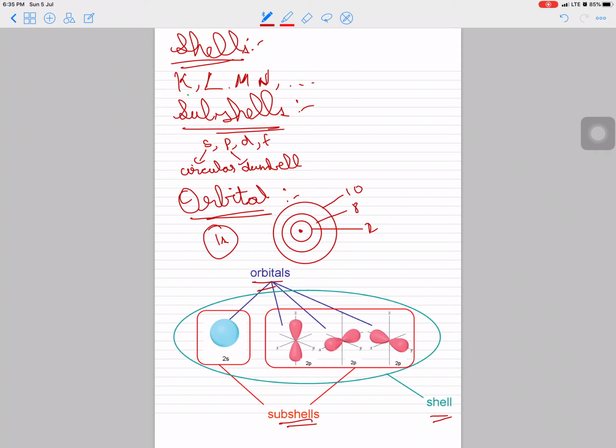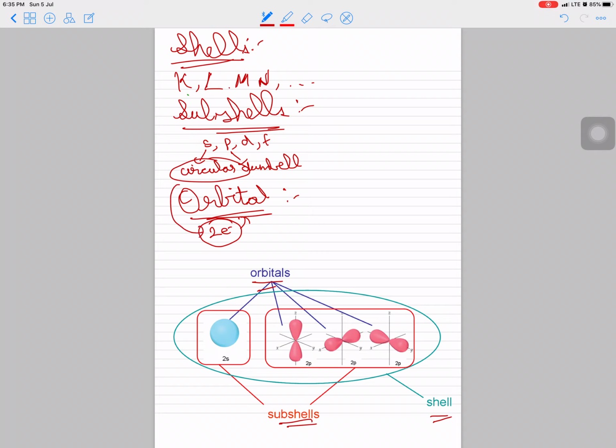So these are shells, and then you have subshells between them, which you will understand once we clear the concept of orbitals. So what are orbitals? Orbitals are those spaces in which electrons are accommodated. A maximum of 2 electrons can be accommodated in each orbital. Orbitals have different shapes. The first one is circular, as we saw. S is circular, and then you have the dumbbell shape for p, which has 3 types of dumbbells, which we'll see in independent orbitals.